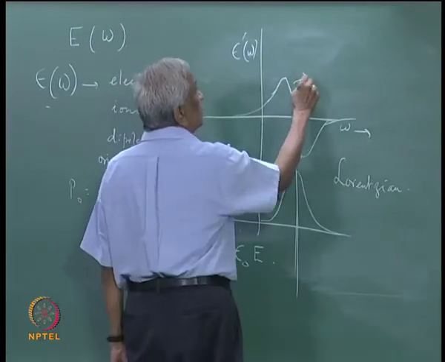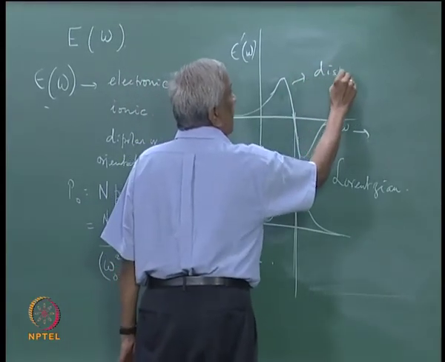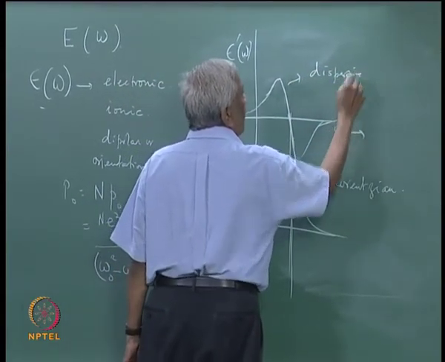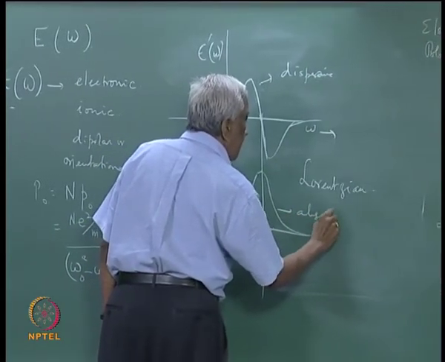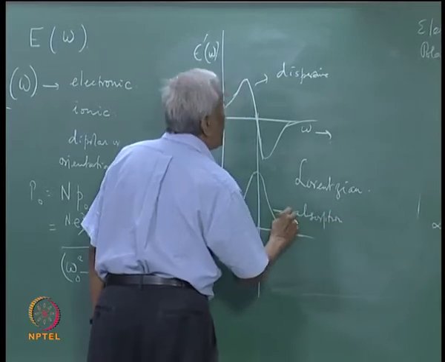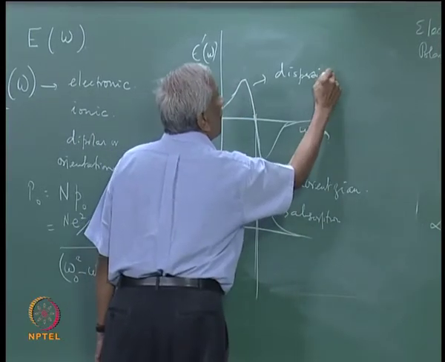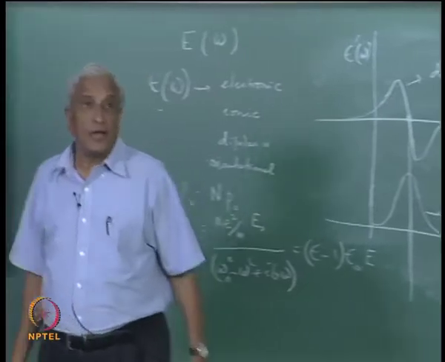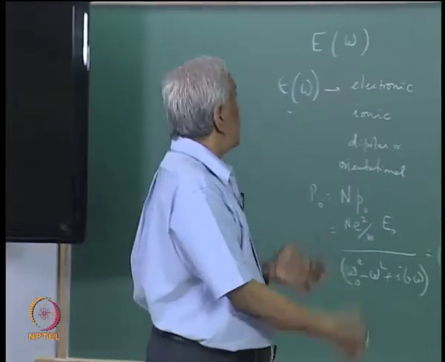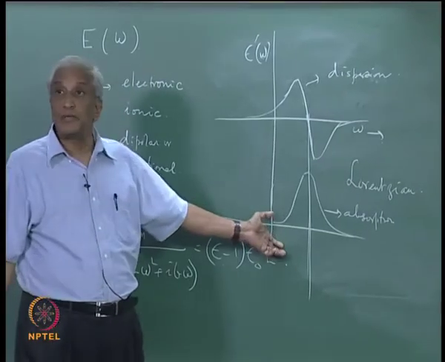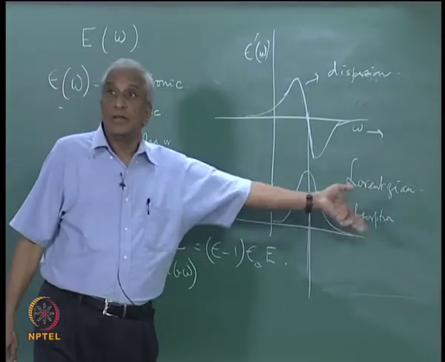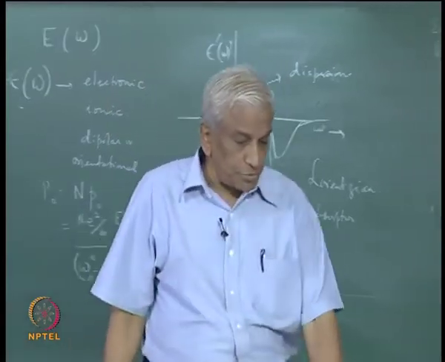We call this the dispersive part, and this is the absorption. So, dispersion and absorption. The real part of the dielectric constant is associated with dispersion, while the imaginary part of the dielectric constant is related to the absorption.